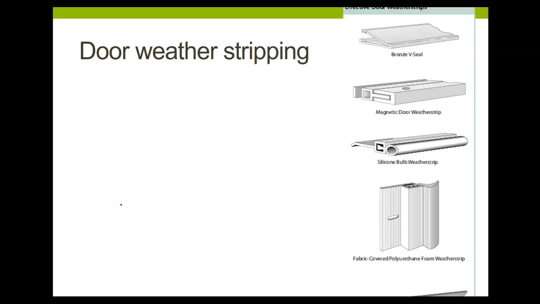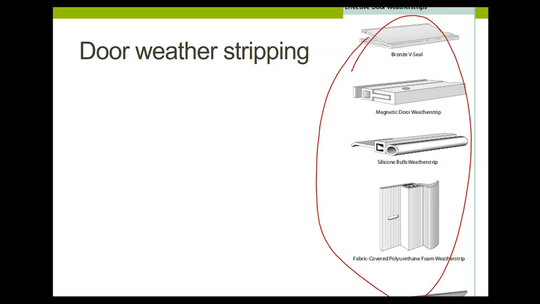Again, the same types of weather stripping apply. Doors have a lot of openings, and it's good to weather strip the door and have something to counteract the pressure from inside to outside. And probably now you think about having double doors, right? Or having a storm door to reduce the amount of air coming inside the house due to wind.